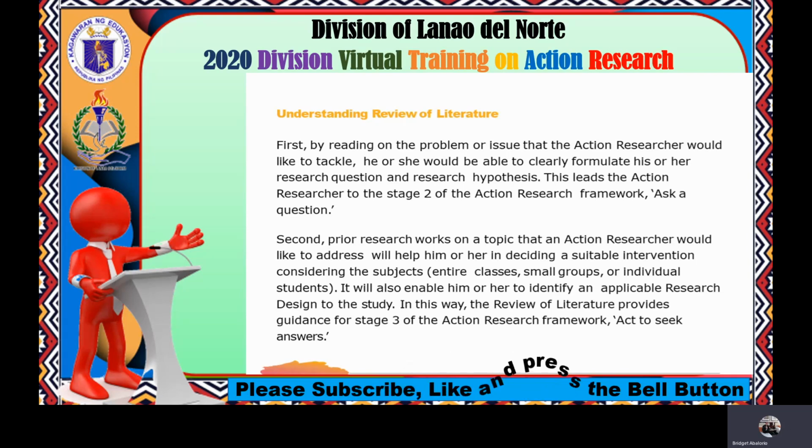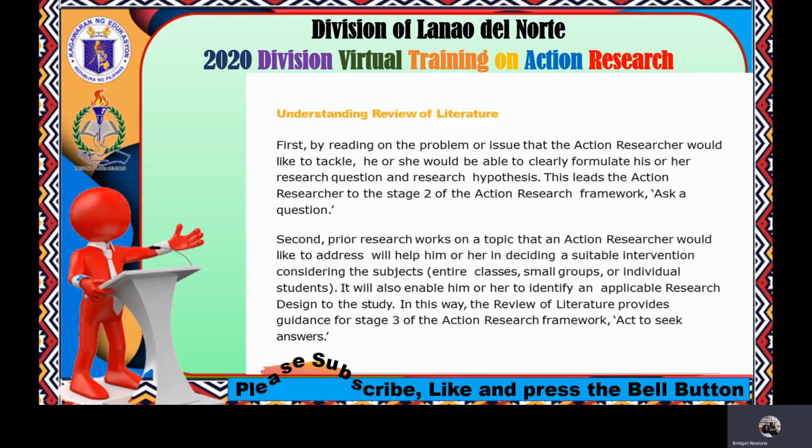It will also enable him or her to identify an applicable research design to the study. In this way, the review of literature provides guidance for stage 3 of the action research framework, act to seek answers. In my case, the intervention or the strategy that I will be doing is role playing.